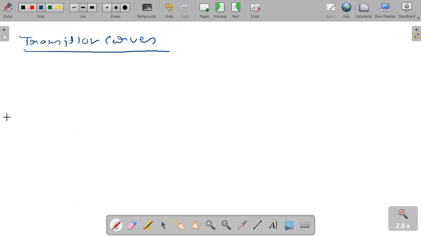There's a lot of chance that there will be a question from transition curve in GATE 2022. So, your design steps.